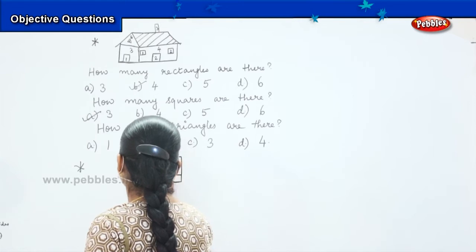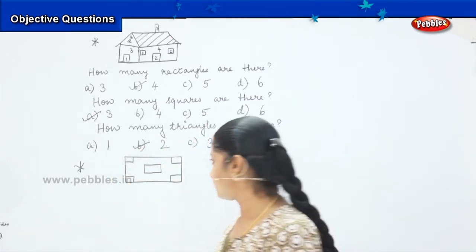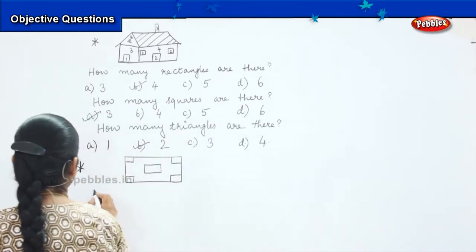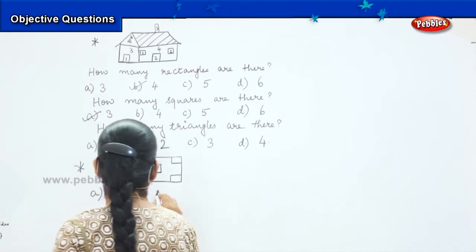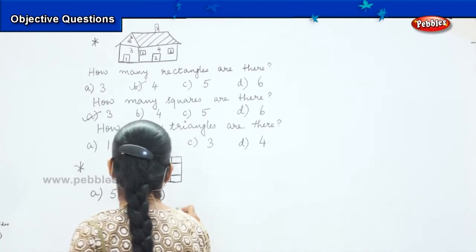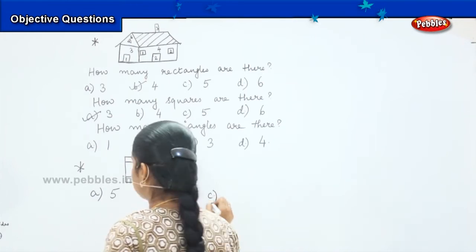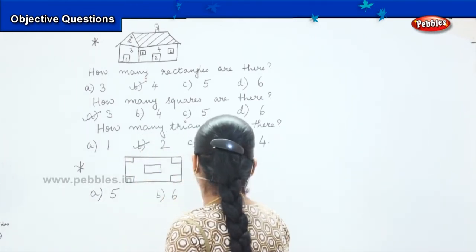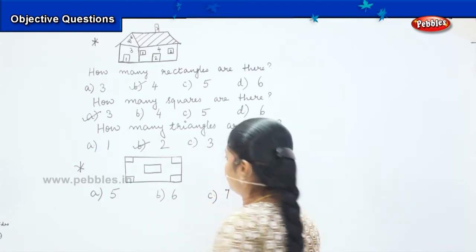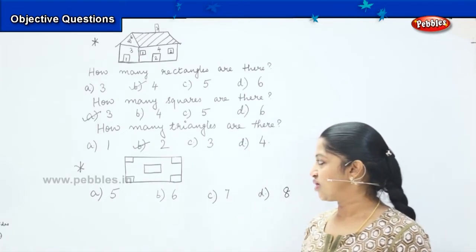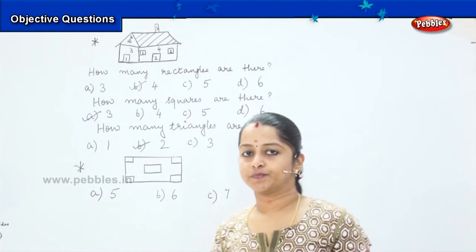What is it that makes a rectangle different from a square? How many sides does it have? It has got 4 sides. And what else? Are all the sides equal? No. Then the opposite sides are equal. How many corners does it have? 4. Very good. So now my question is, how many rectangles can you find in this picture?